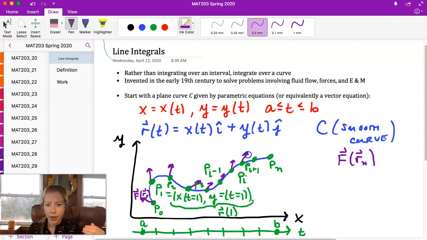And so I'd like you to stop and think for a minute, looking at our force field or our current and the path, the curve along which we're trying to travel. At which point do you think it would be easiest to travel? Think about it for a second. And hopefully you came up with this P sub i minus 1 point.